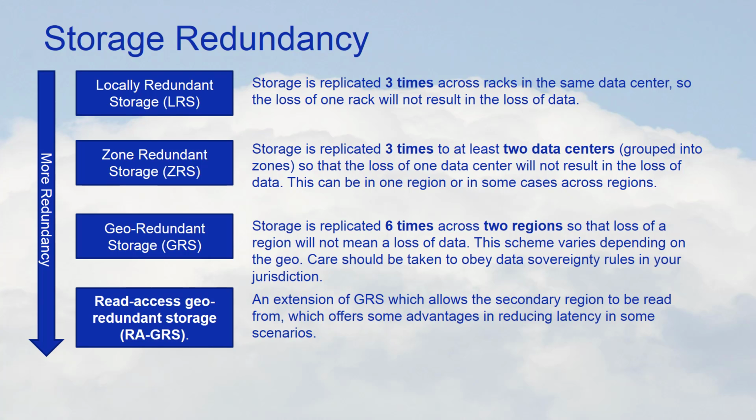And lastly, the utmost in storage redundancy is read-access geo-redundant storage, which is exactly like geo-redundant storage, except that you can actively do reads from the second region. And what that means is that if your 2 regions are linked together in geo-redundant storage, the users in the second region will be able to read from the data center that's got the lowest latency for them.